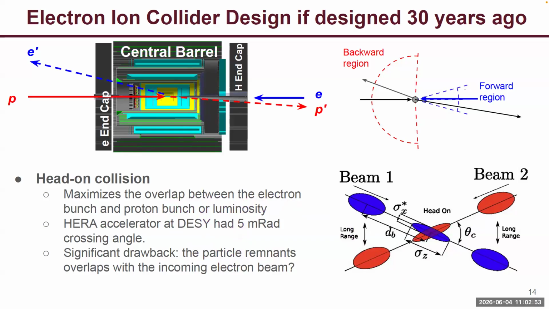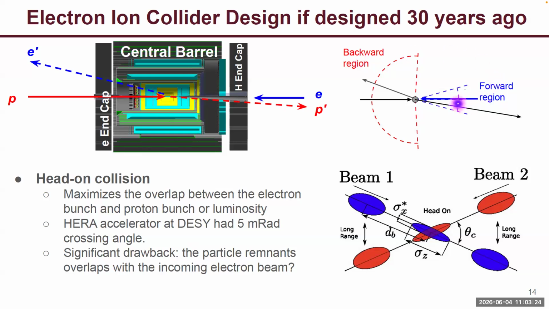The advantage is that you maximize the overlap, and then you maximize the luminosity. But the significant drawback is that the particle remnants overlap with the incoming electron beam. What if you have a particle that is created exactly along the direction of the electron beam pipe? You won't be able to see it, right?